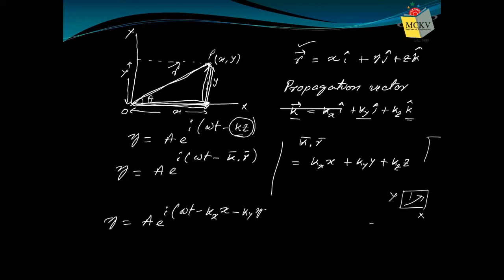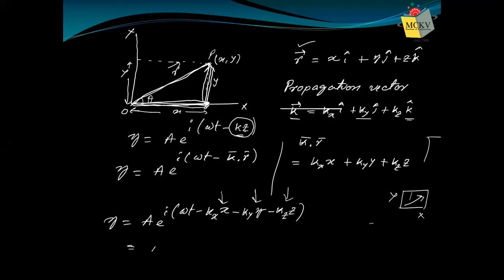Now, if the wave is propagating in an arbitrary direction in three dimensions, then we need to add another quantity, like this. When the wave is propagating along x direction only, this is the quantity. When along y direction only, this is the quantity. When along z direction only, this is. When the wave is propagating in an arbitrary direction, all three should be there.